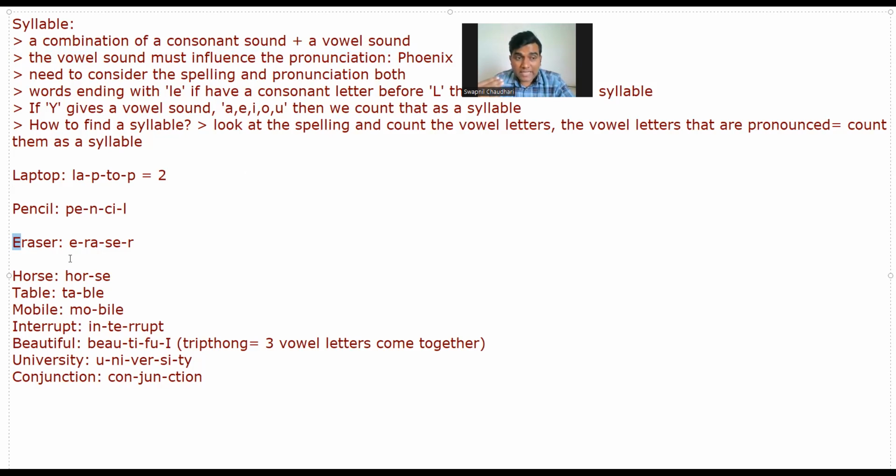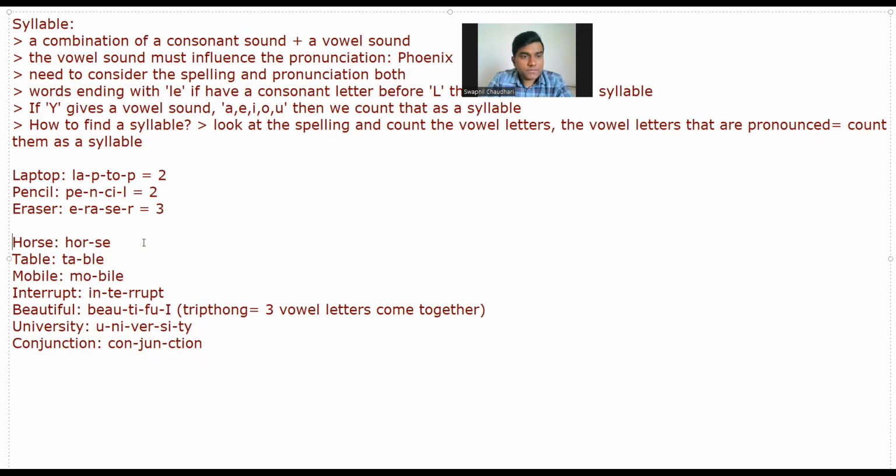We have to pronounce that sound: E, ray, zer, eraser. See? So how many syllables over here? 3. Right? In the word pencil, how many syllables? 2. Right? Now let's go ahead and study the other words.